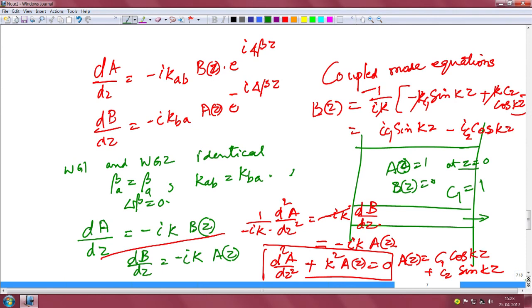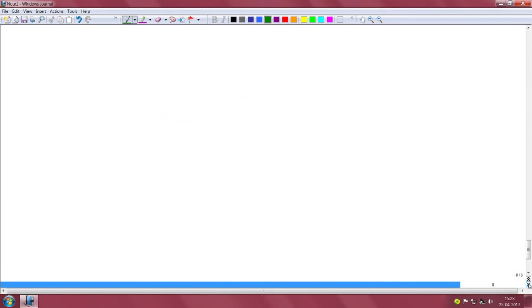Similarly, substitute B of z equal to 0 in this expression, and we will get C2 equals 0. So, we can say that the solution is A of z equals cos kz and B of z is minus i sin kz.